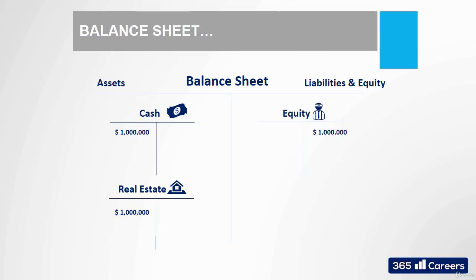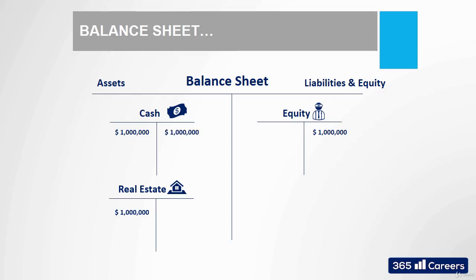Now we need to think of the counterpart account. How did the company pay for the asset? With cash, right? Therefore, we need to make an entry that shows the reduction in cash. Cash is an asset, and it decreased in this transaction. Hence, we are going to credit the cash account. Okay.